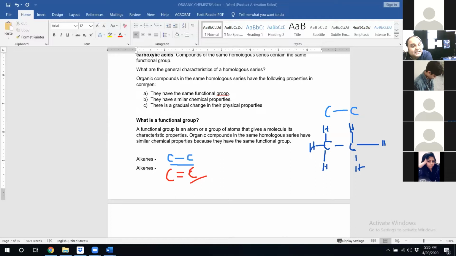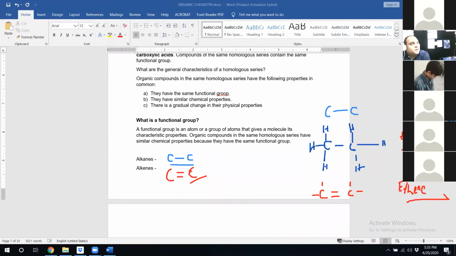And there's another example which is ethene. So here we have two compounds with two different names. This is ethane, this is ethene.